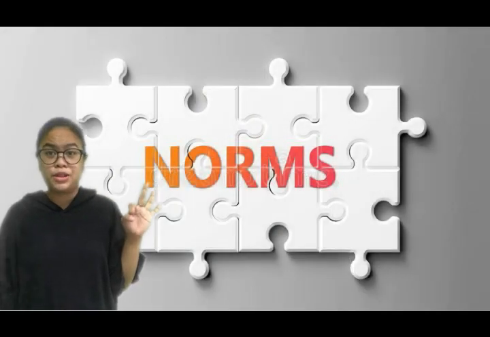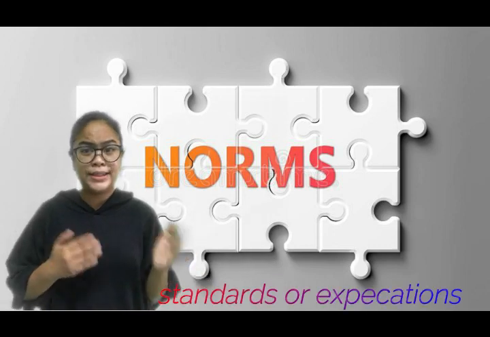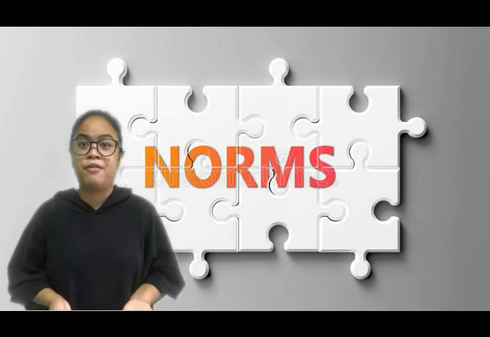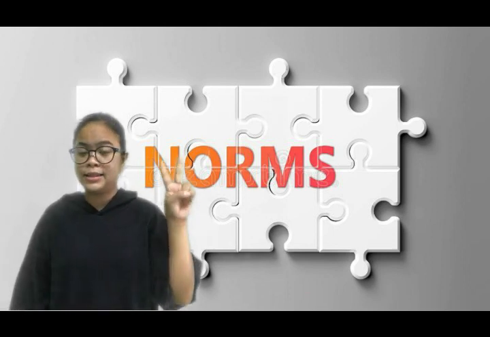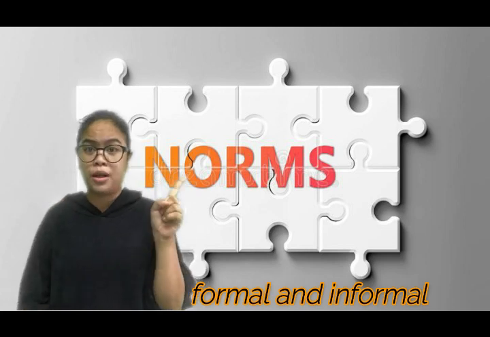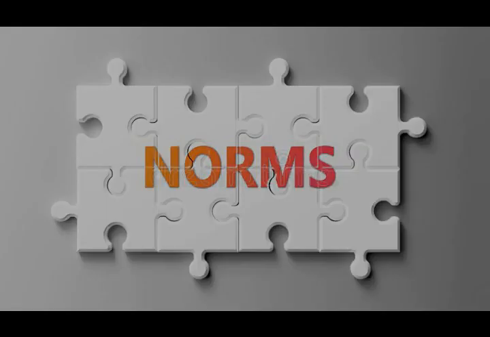The third element of culture is called norms. Now, norms are the standards or the expectations of how people should behave. That is why it is classified into 2, formal and informal. Now, what are these classifications?